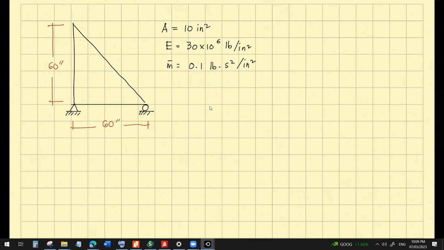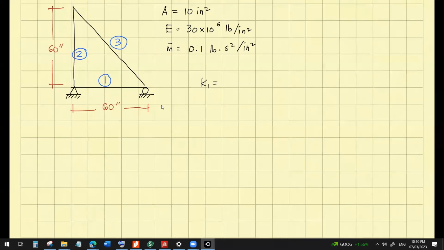Okay. So let's decide how do we assemble the stiffness matrix. So I'll decide this is member 1, for example. This is member 2. This is member 3. So the same as what we do in the stiffness matrix. So for example, K1, first, what are the degree of freedom numbers?